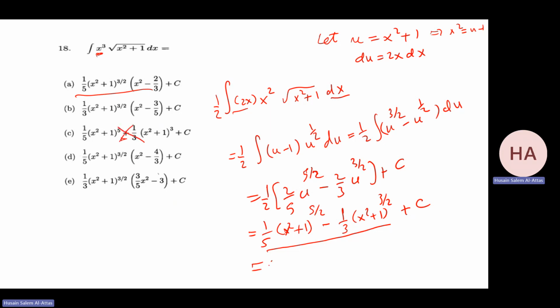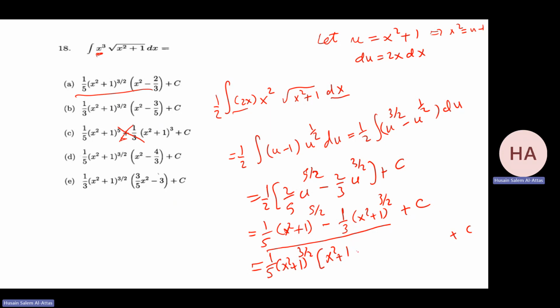Okay, so I will take x squared plus 1 to the power 3 over 2. For those ones, I will leave plus c the same. And see what will be the remaining. Also, I can take 1 over 5. I notice I have 1 over 5 everywhere. So I can take 1 over 5 x squared plus 1 to the power 3 over 2 and see what's the remaining. I have here x squared plus 1.